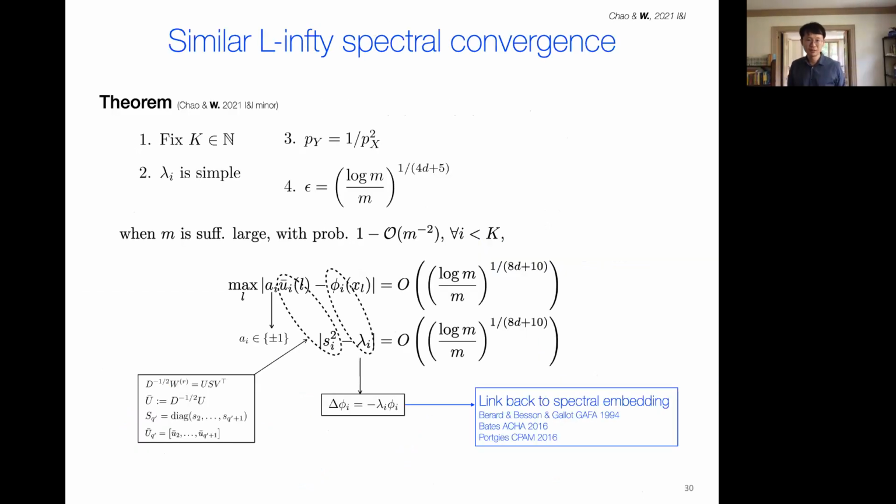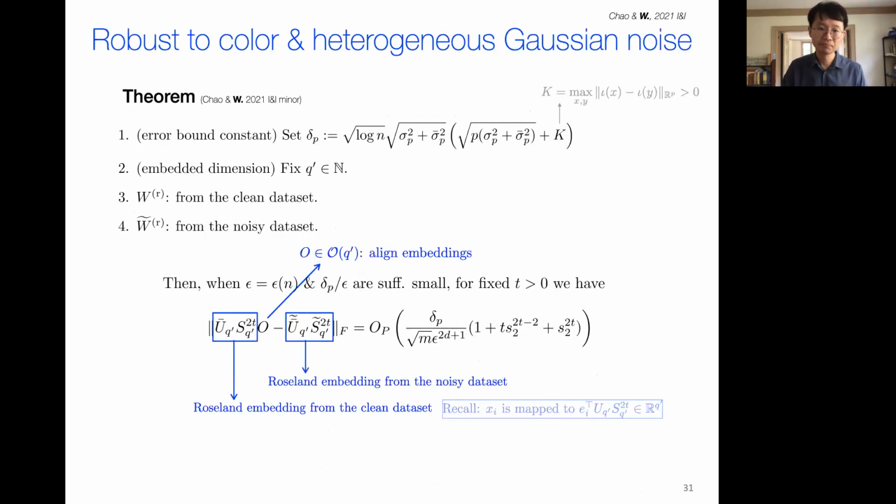And we have similar L-infinity spectral convergence results. And again, it allows us to link back to spectral embedding. And I will not go into the technical assumptions here, but just we have this spectral embedding.